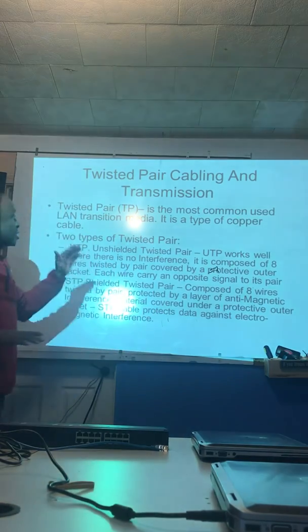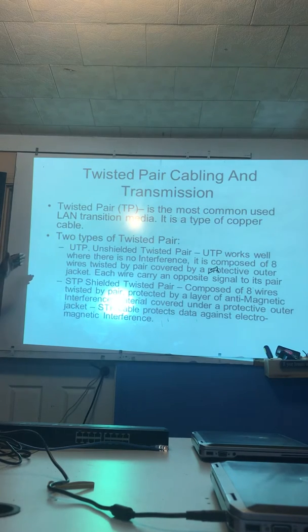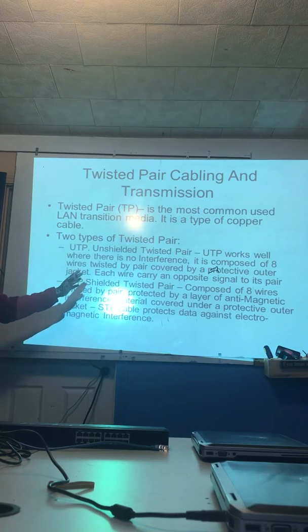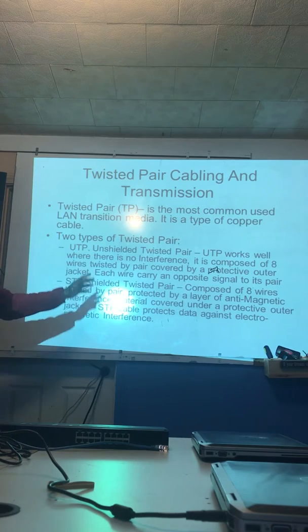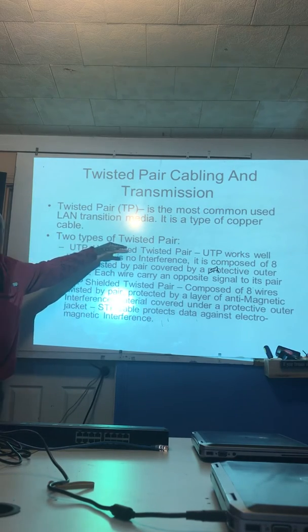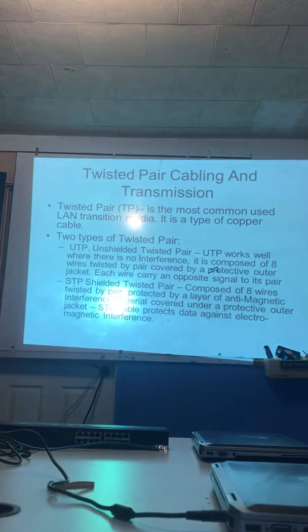So this is something that you must know. The UTP cable, unshielded twisted pair, is used for Ethernet connections, but if you are running this cable in a place where they have a lot of EMI, or electromagnetic interference, you must use the other type of twisted pair, which is the shielded twisted pair.